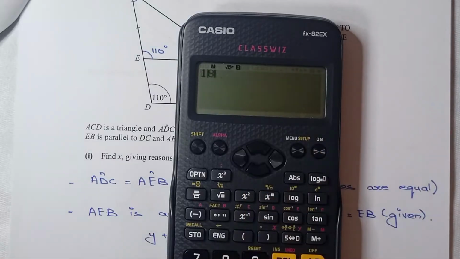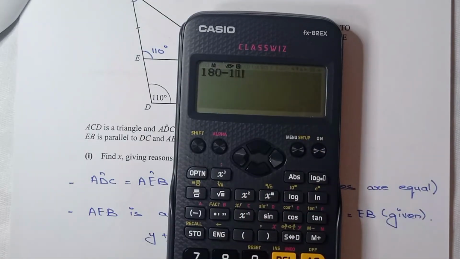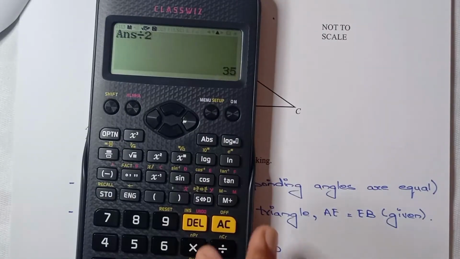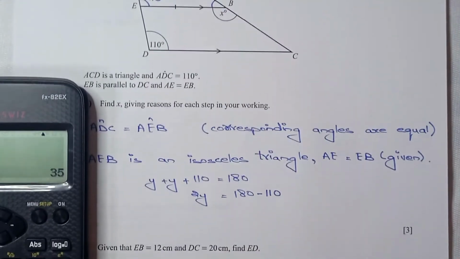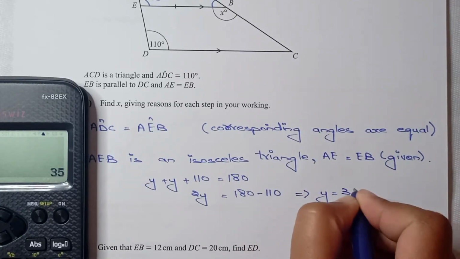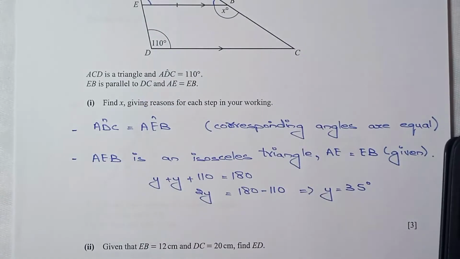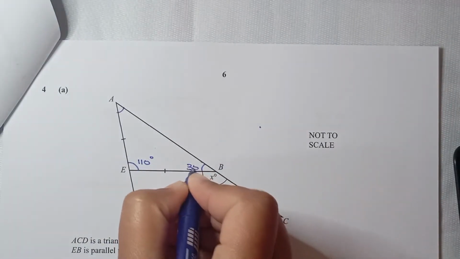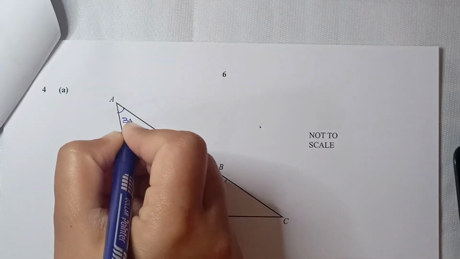So 180 subtract 110, this would be 70, and dividing by 2 we will get y, so y is 35. So from here we can say y would be 35 degrees, right? So it means this angle is 35 and this angle is 35.